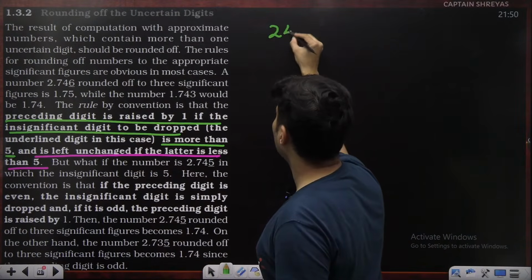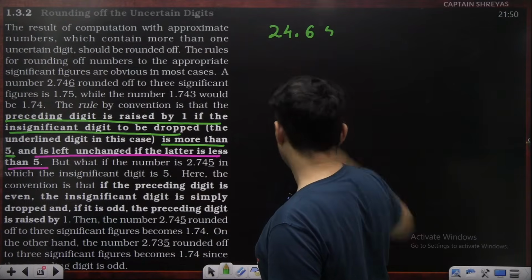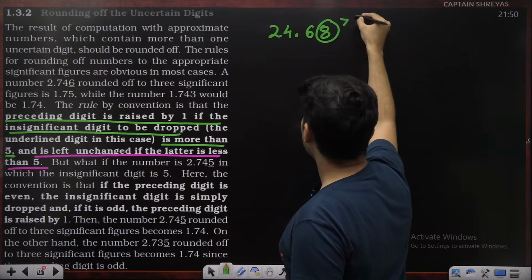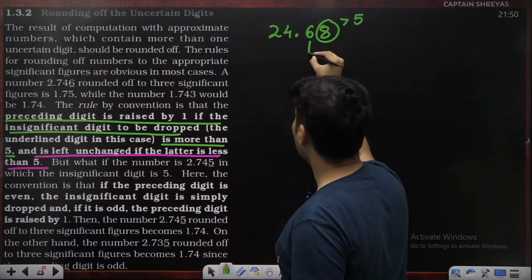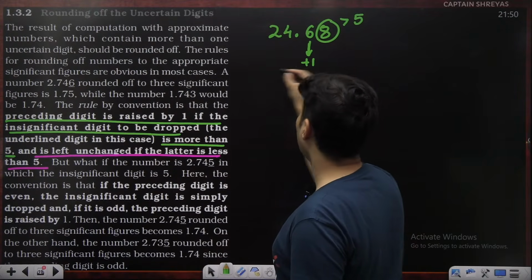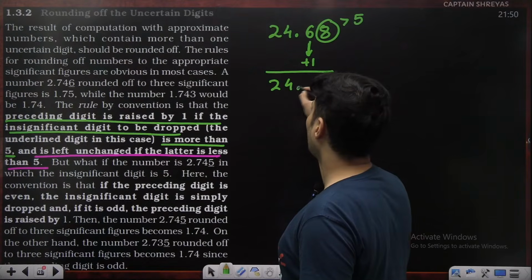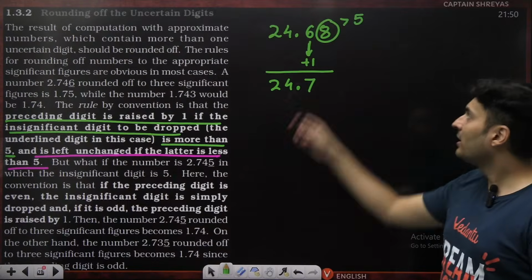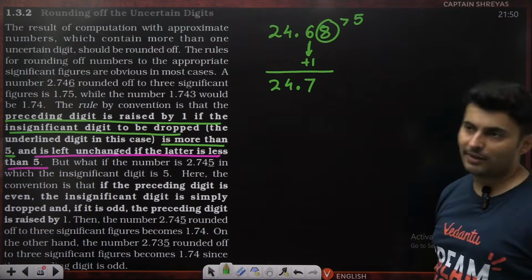If it was 24.68, check this number 8. Yes, it is more than 5. So you increase the previous digit by 1, and it will become 24.7. So the previous digit is raised by 1 if the last digit is more than 5.